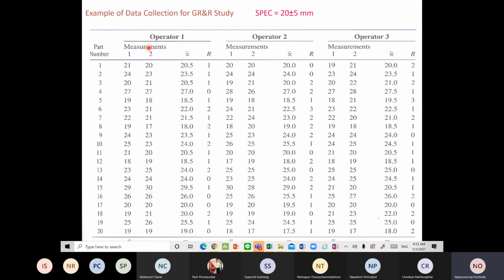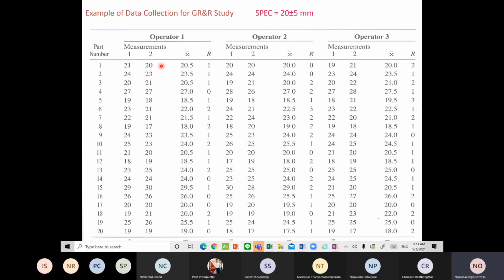And if we want to appraise repeatability, we will ask each operator to measure the same part, for example part number 1, more than 1 time. In this case, 2 times.